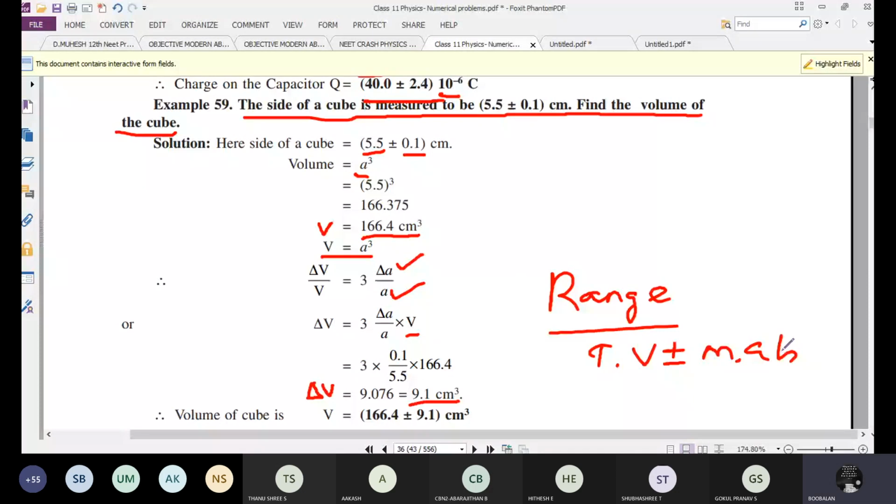This is the true value, plus or minus mean absolute error, which means del V. V plus or minus del V. 9.1 with the unit centimeter cube. So this is the correct answer. Take notes.